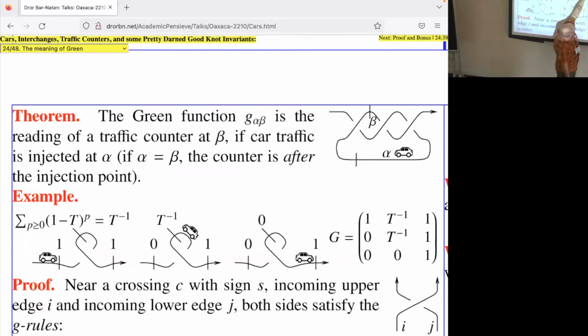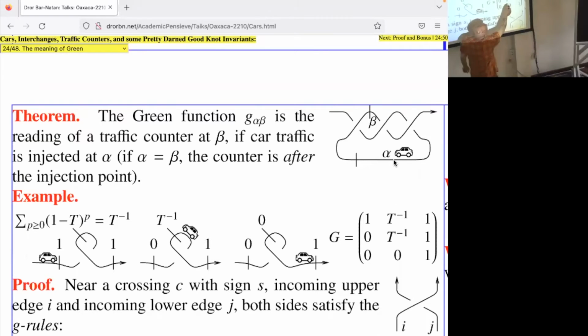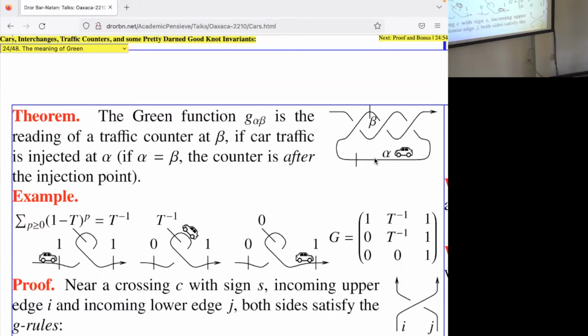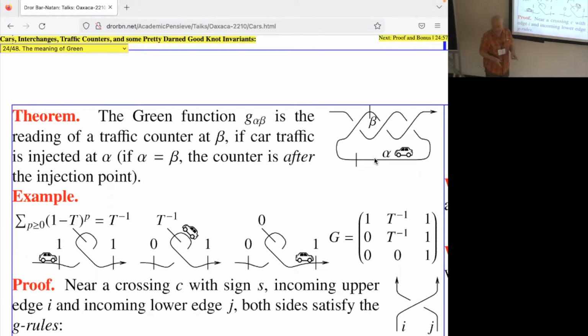So G alpha beta is the reading of a traffic counter placed at beta, assuming that you've injected car traffic in position alpha, on edge alpha, with the convention that if alpha is equal to beta, the counter is always later than the projection point. So on strand alpha, if the cars are injected here, you read the traffic later, at the later point.